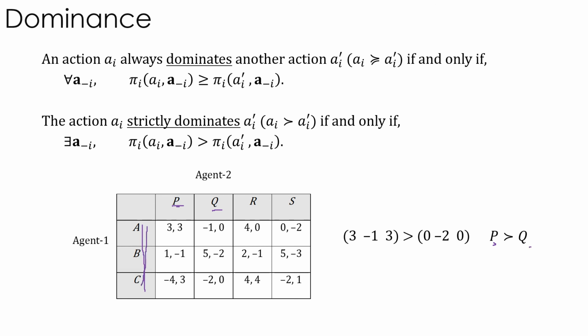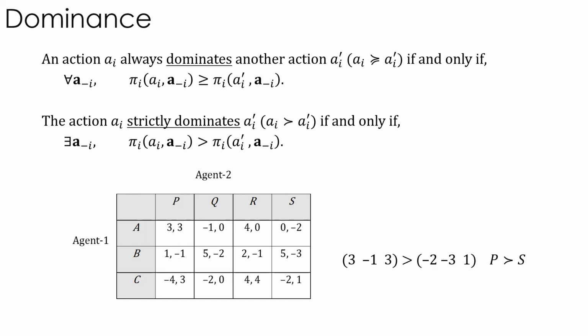When agent 1 plays A, B, C, the corresponding payoffs of agent 2, if it plays P, are 3, -1, and 3, and when playing Q are 0, -2, and 0. And element-wise, we can see that 3, -1, 3 is strictly greater than 0, -2, 0. Whence we conclude that P strictly dominates Q.